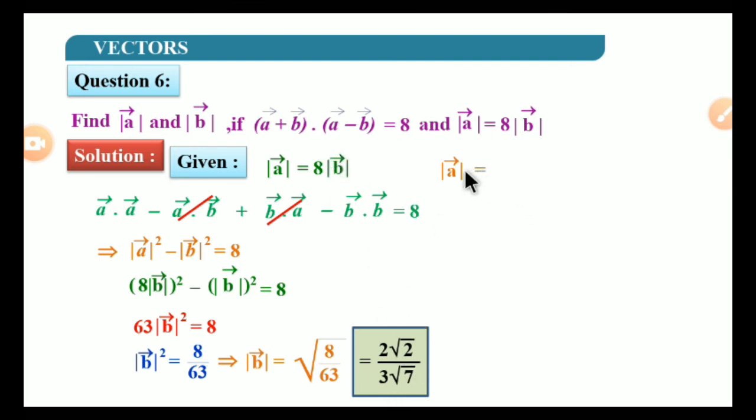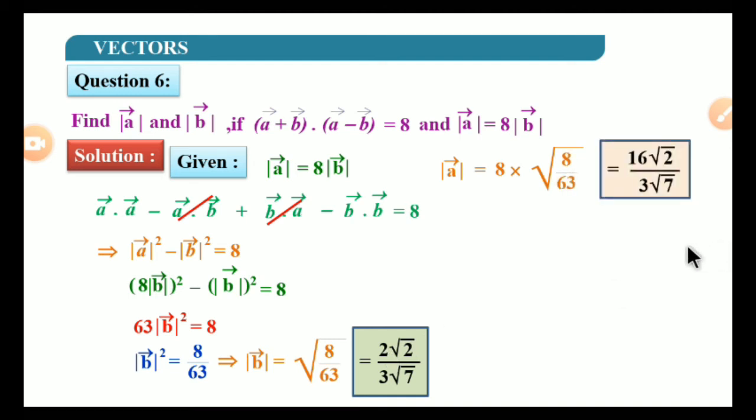Magnitude of A is equal to 8 into 8 by 63 root, which is 16 into root 2 divided by 3 into square root of 7. So these both are the values of magnitude of A and magnitude of B.